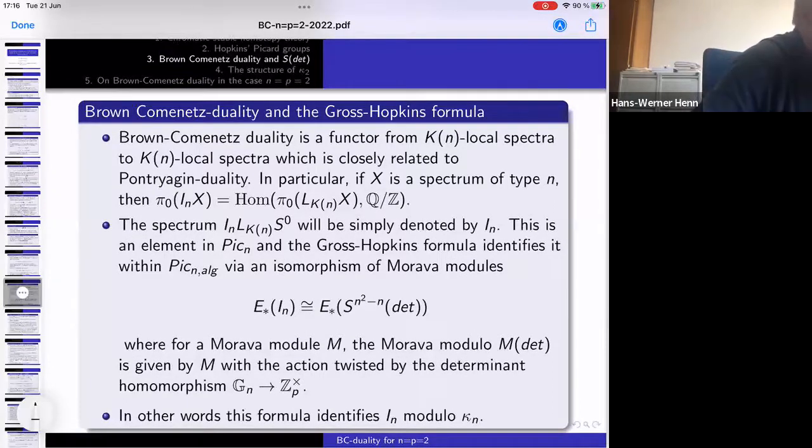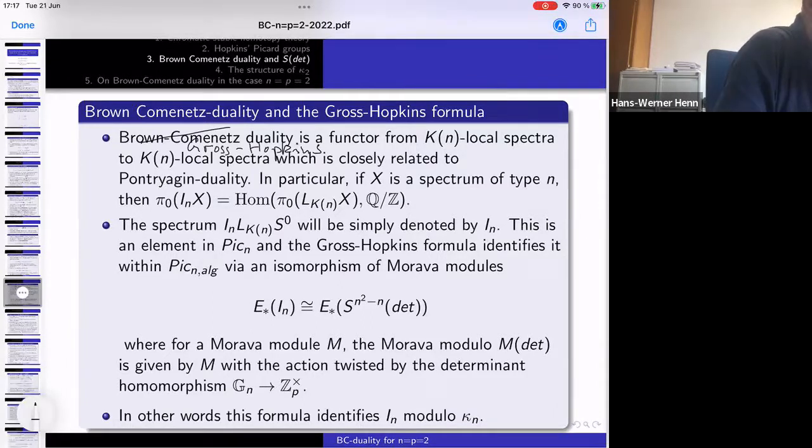let's get to Brown-Comenetz duality. Brown-Comenetz duality is a functor from K(n)-local spectra to K(n)-local spectra. Well, Brown-Comenetz duality is actually a more general thing, but I should probably say Gross-Hopkins duality is a functor from K(n)-local spectra to K(n)-local spectra, which is closely related to Pontryagin duality.